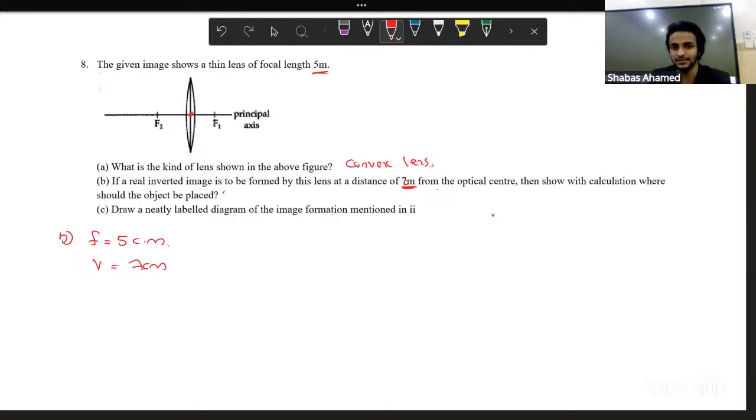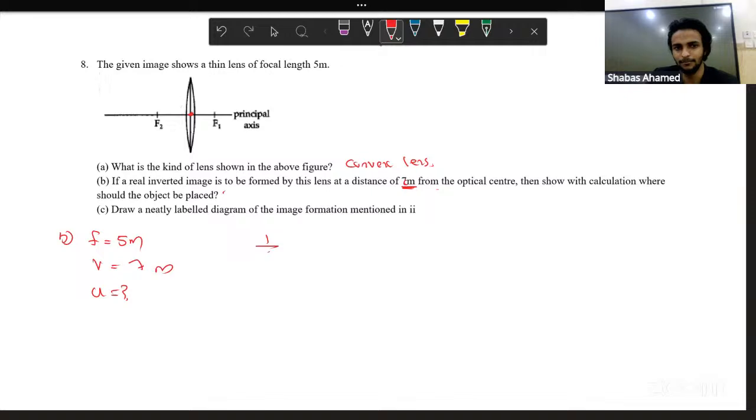Anyway, in this question it is all in meter, so I'm taking all as meters. It's 5 meter and 7 meter. We have to find what is u, where we should place the object.